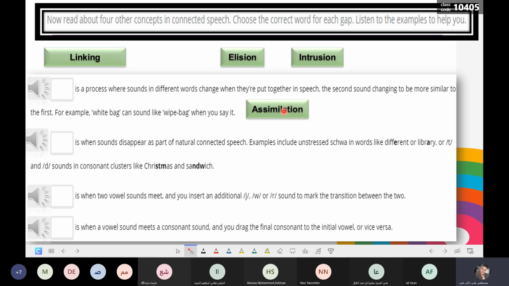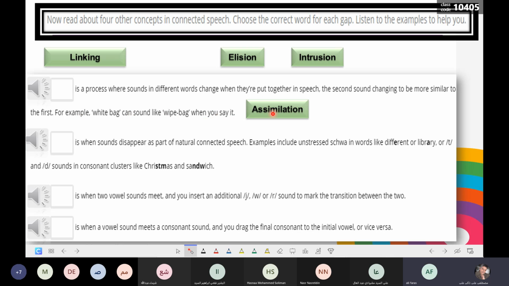Okay. Do we have assimilation in Arabic? Yes, we do. Could you give us an example?